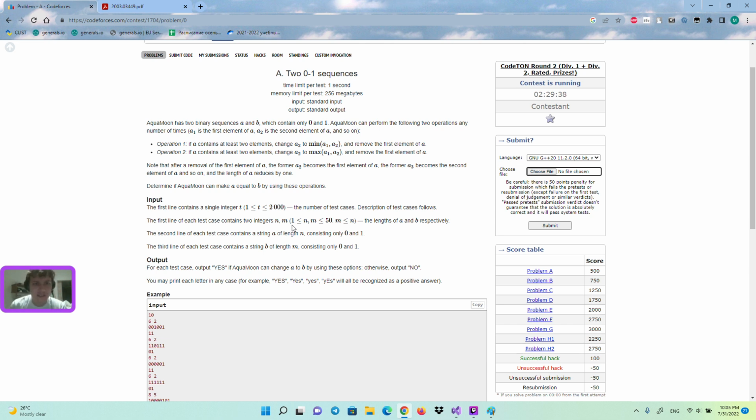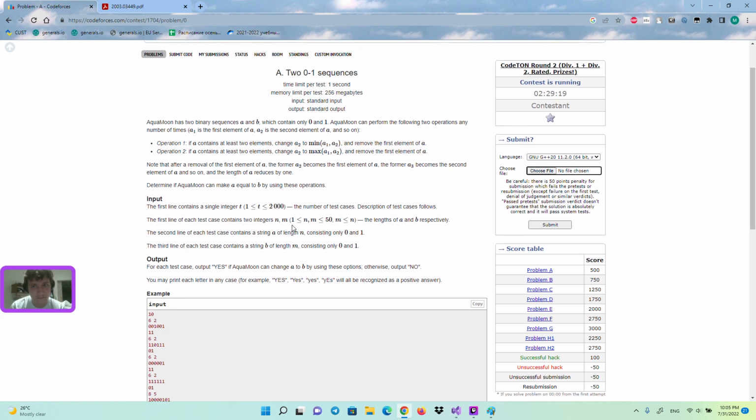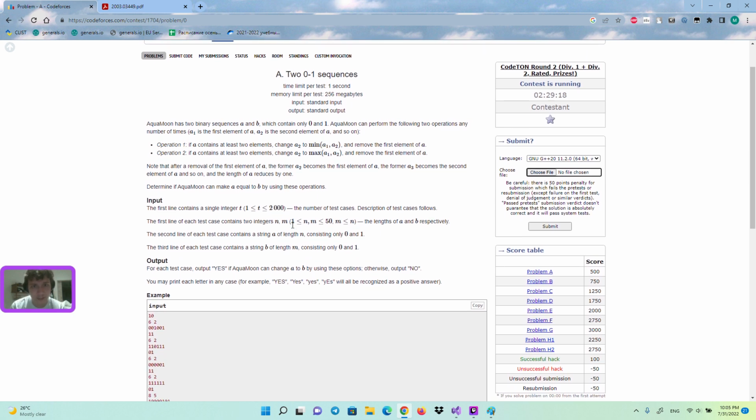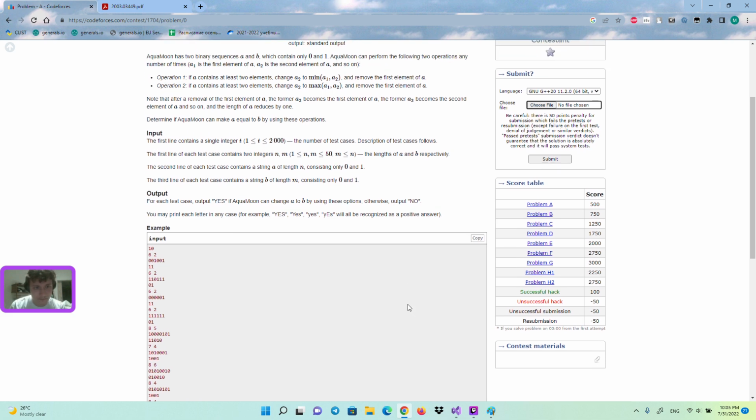If A contains at least two elements, change A2 to minimum and remove the first element of A. Oh, it's not a very hard problem. It's definitely not a hard problem. Okay, so let's solve it.